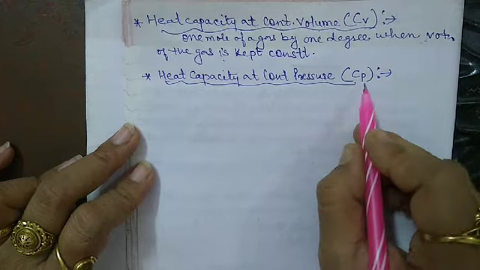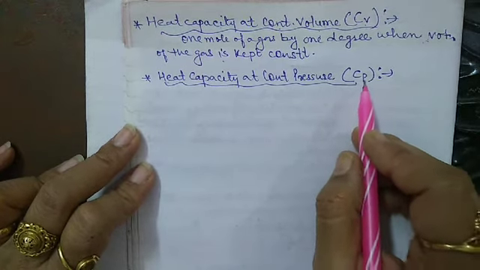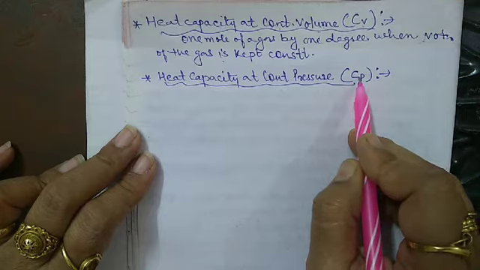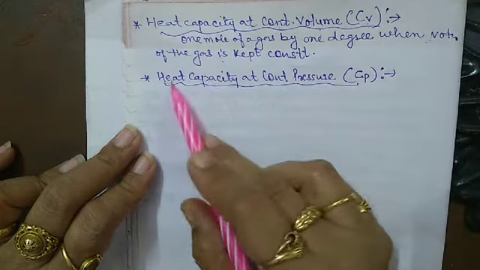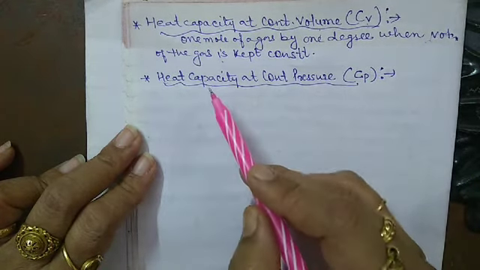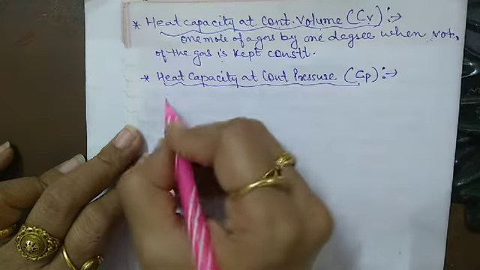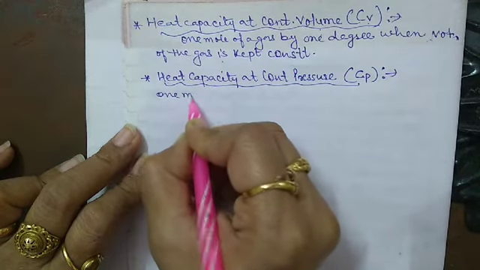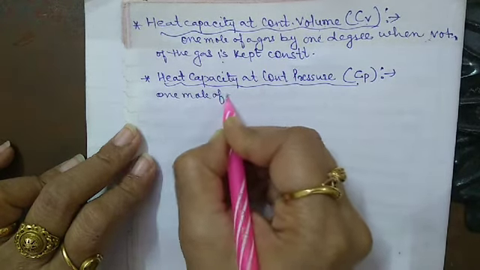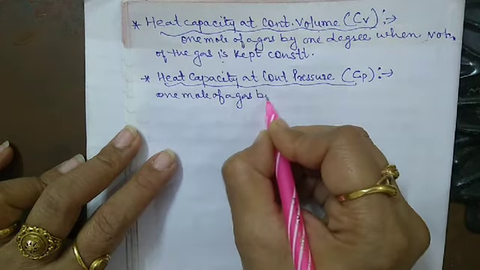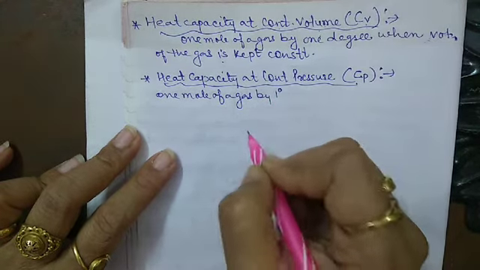Now here it is clear from the name that pressure will be constant. So it is defined as the amount of heat which is required to raise the temperature of 1 mole of a gas by 1 degree.